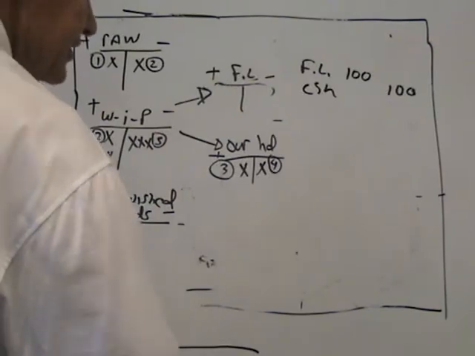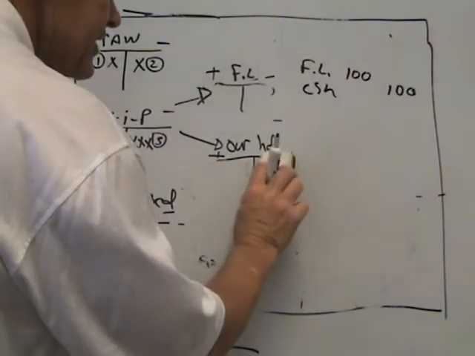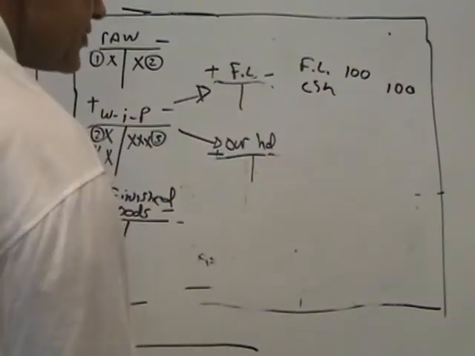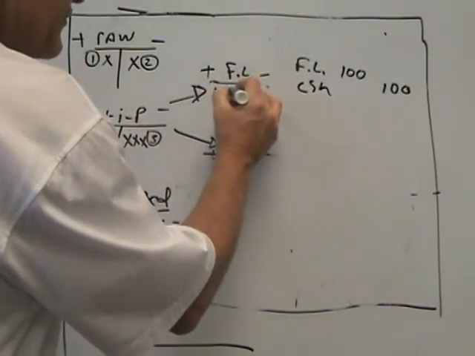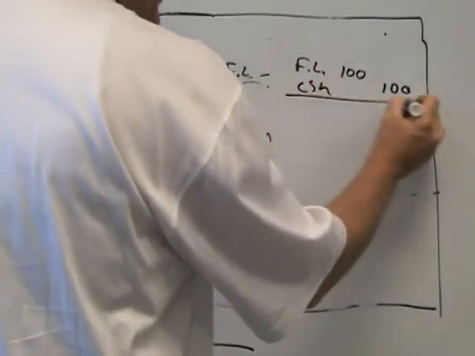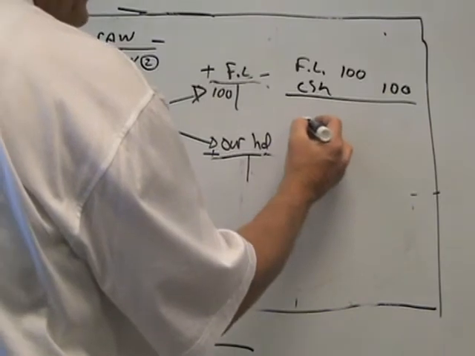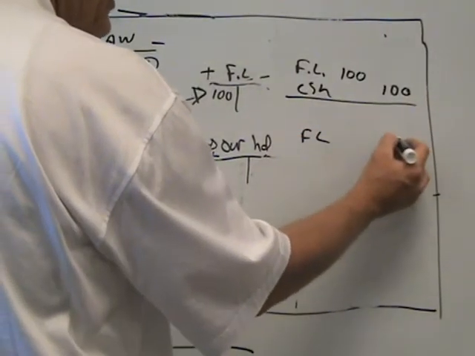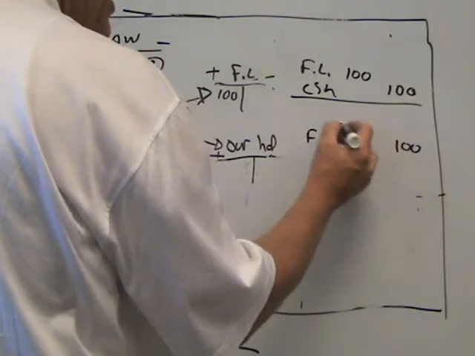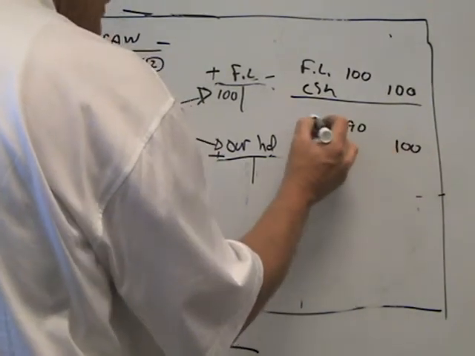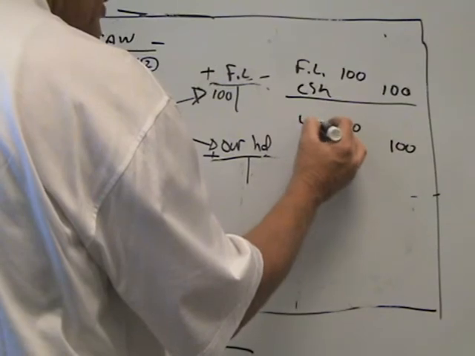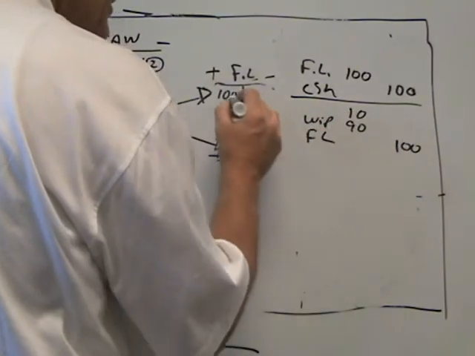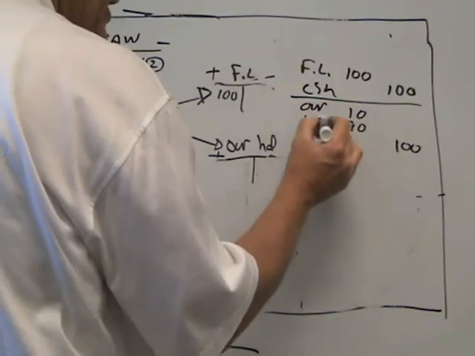So in that case, a little trickiness, we first get the overhead, the FL there, and then later on, we have to make another entry where we credit FL 100, factory labor, 90 goes over to work in process, and 10 goes over to overhead.